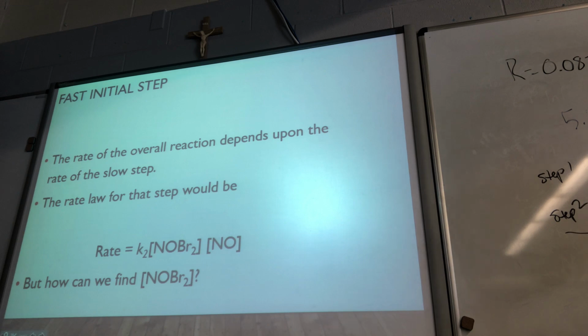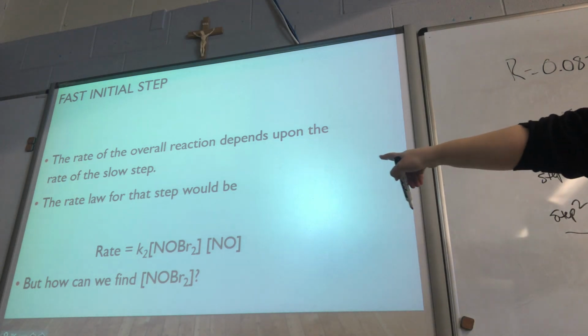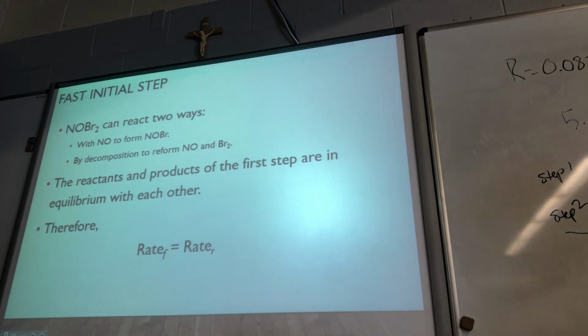Okay, the problem is, what did you just tell me about this? It's an intermediate. Intermediates do not stick around long enough for us to measure a concentration. So this is useless to me. I cannot have an intermediate in a rate law. It's a problem, okay? That is where these ones become a little trickier.